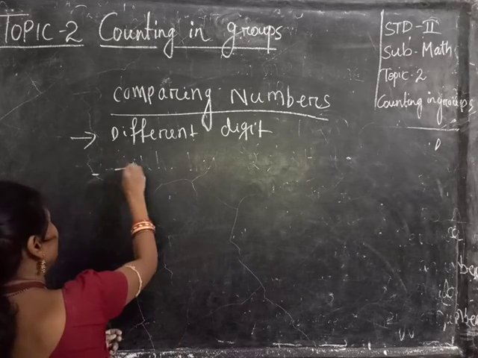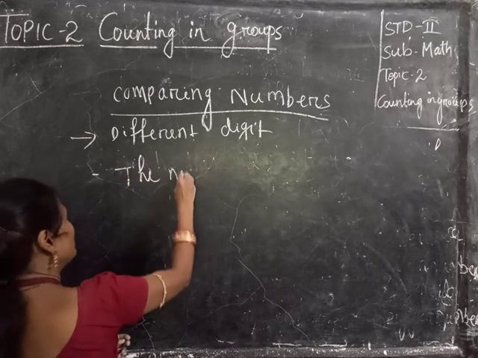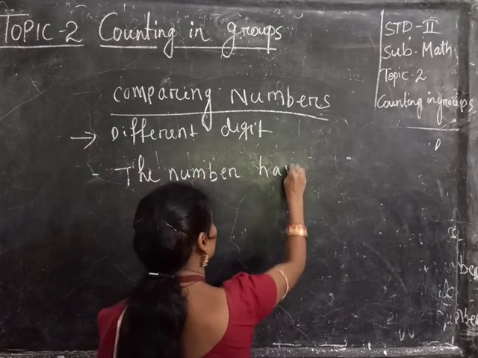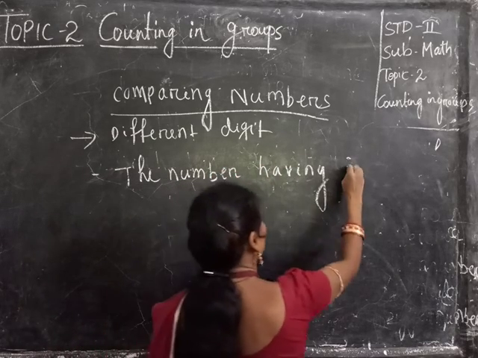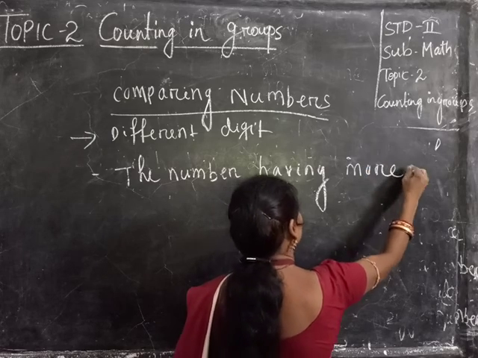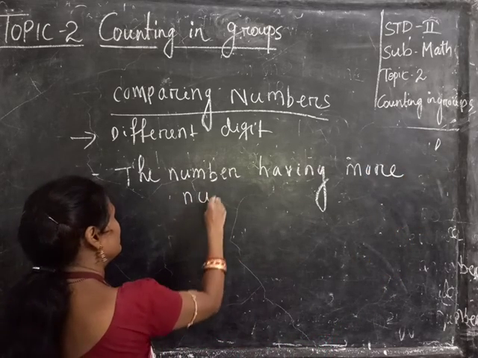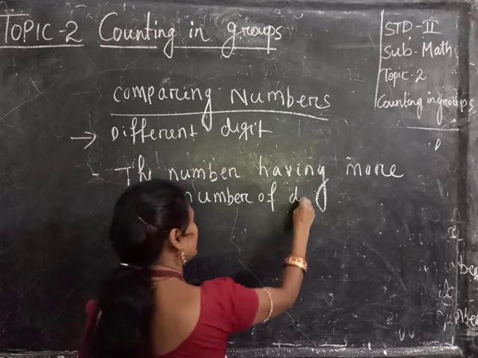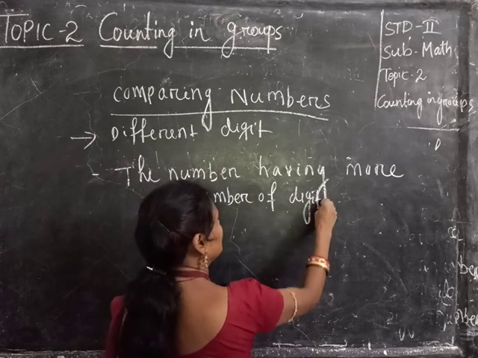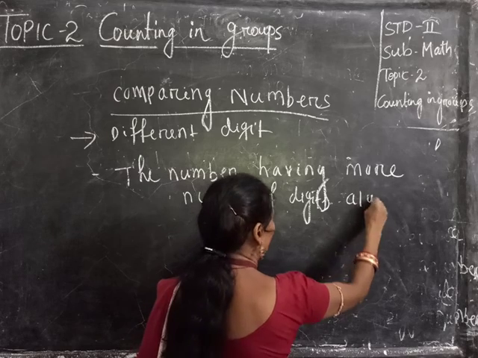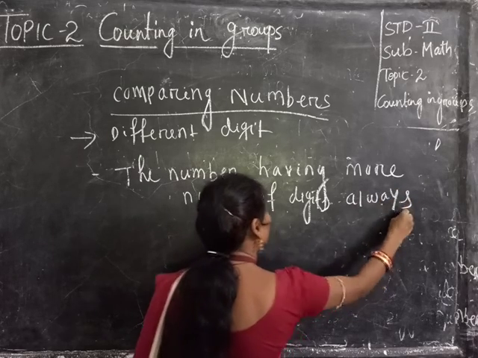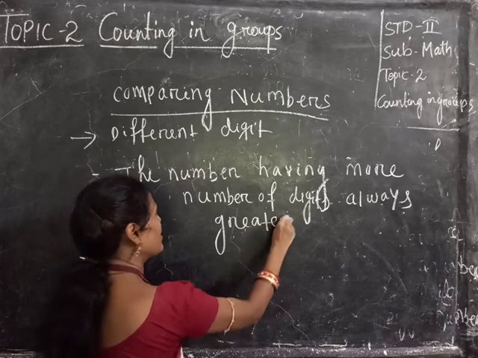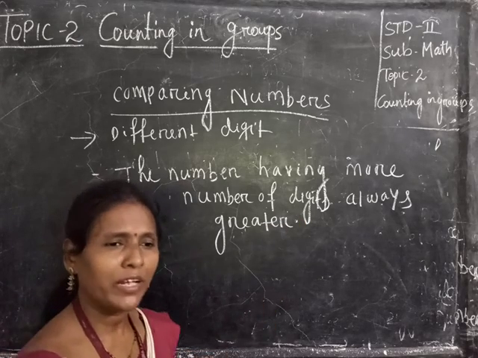The number having more number of digits is always greater. This point you always remember in your mind.